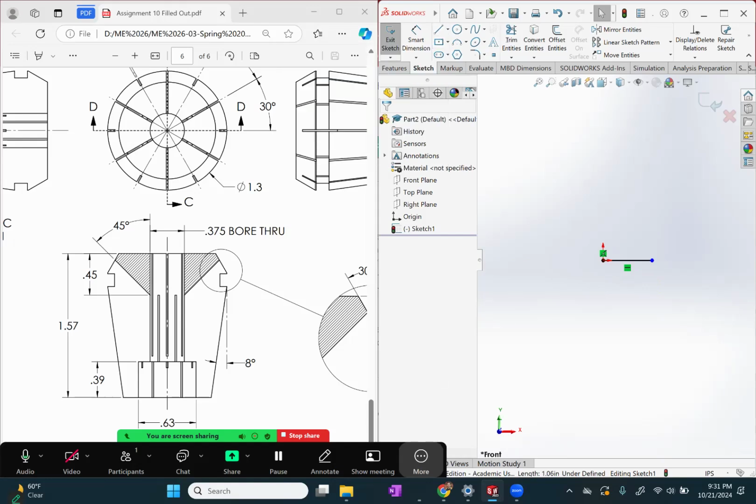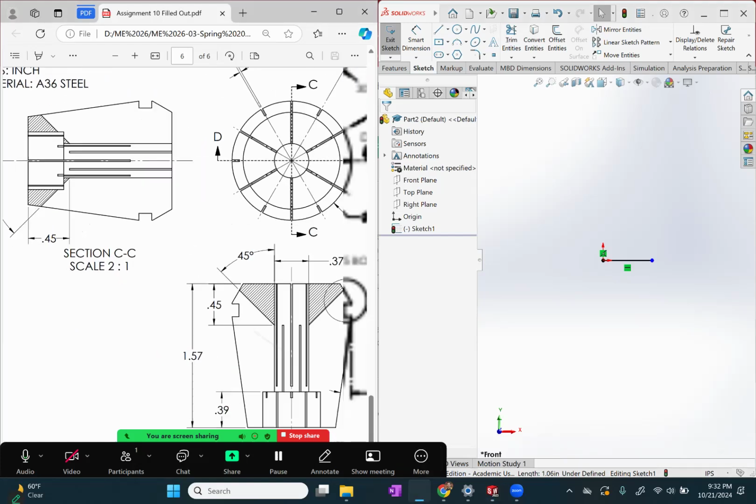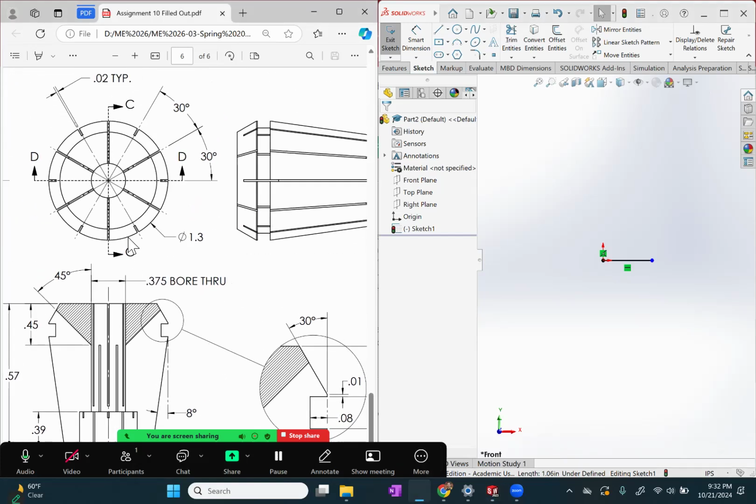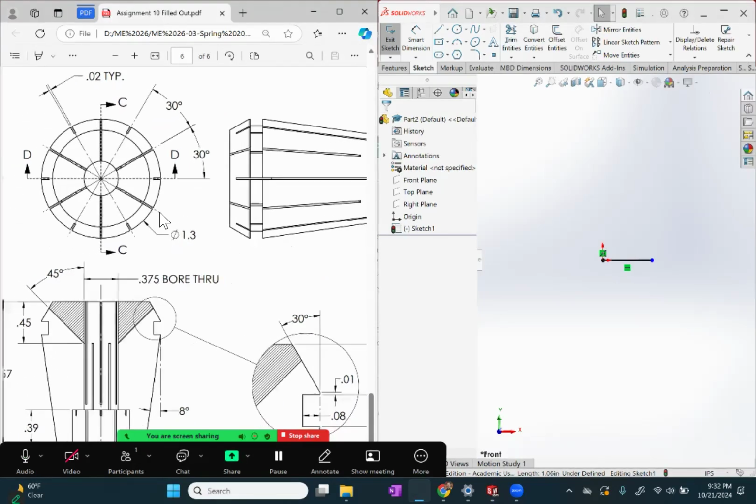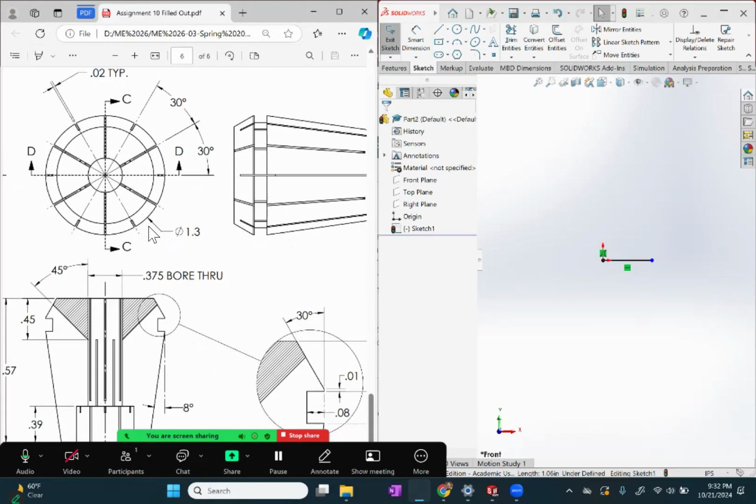I would also need to know this overall length, which I'm not sure I'm given. Let me check my other views. It's not given here either. We are given our diameter for this top view.